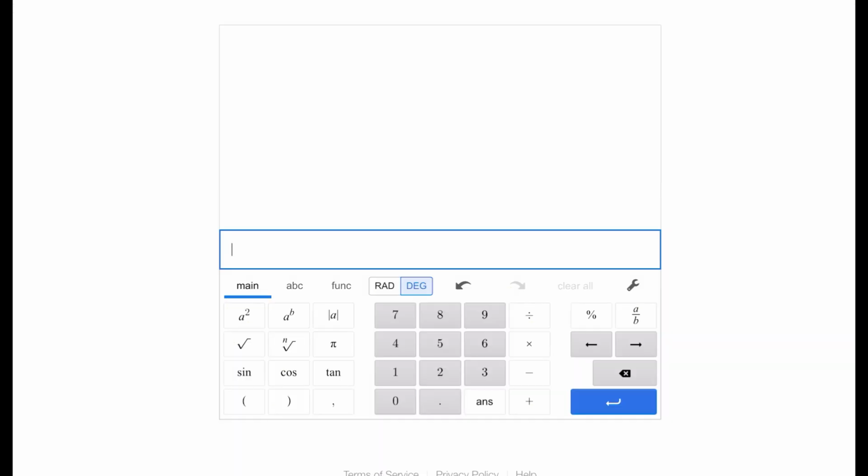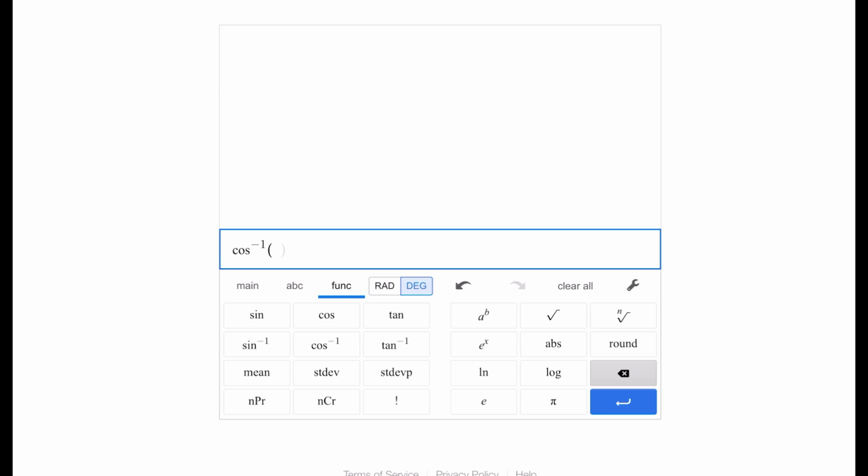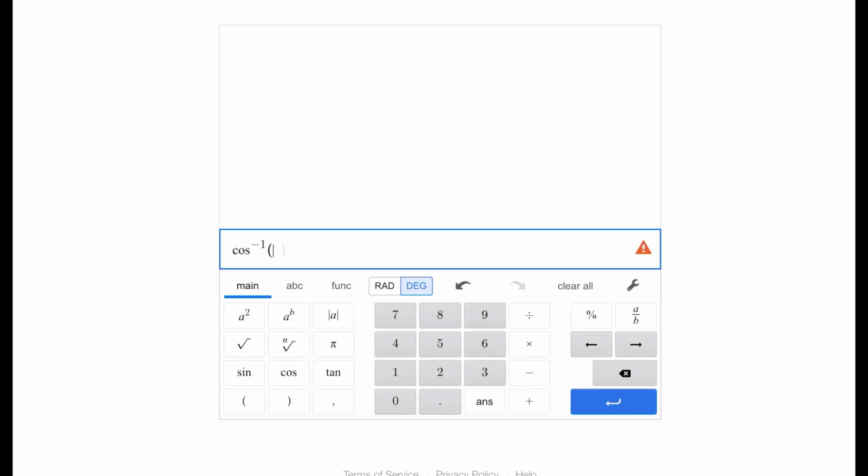Now we're in our Desmos calculator, and we're going to calculate the cosine inverse. So let's get into the function keys, cosine inverse, and then we go back to main. That is going to be minus 0.11952, enter.